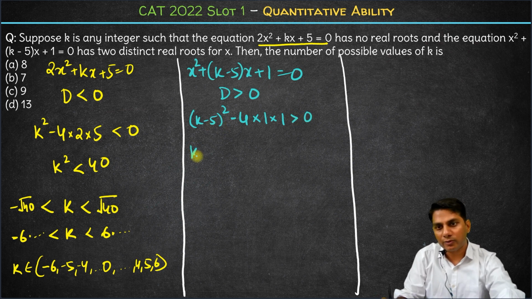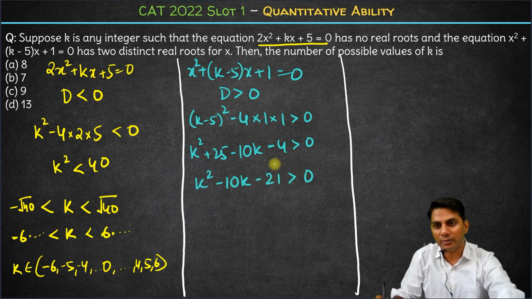So (k minus 5) whole square is k square plus 25 minus 10k, minus 4 is greater than 0. So we have k square minus 10k plus 25 minus 4, which is minus 21, is greater than 0.